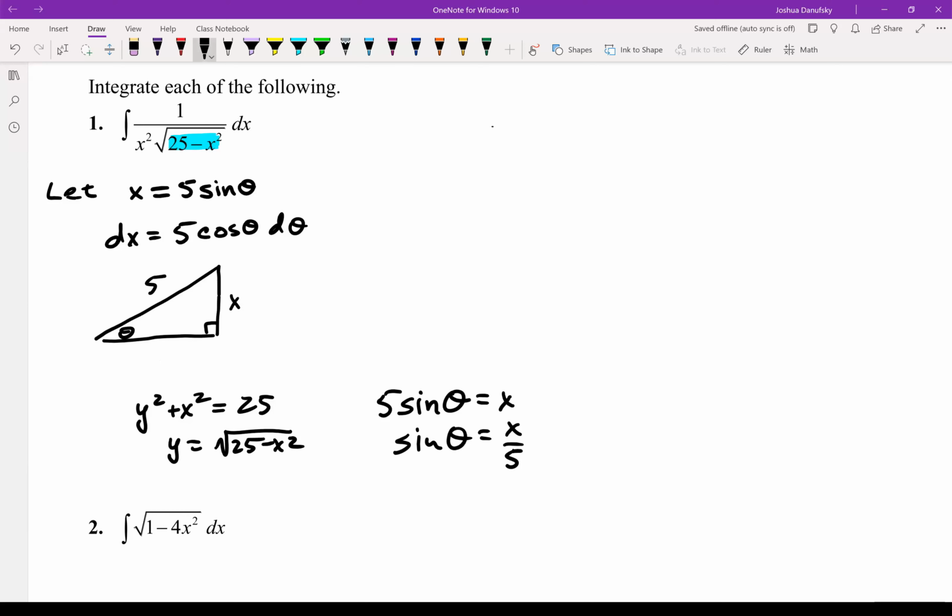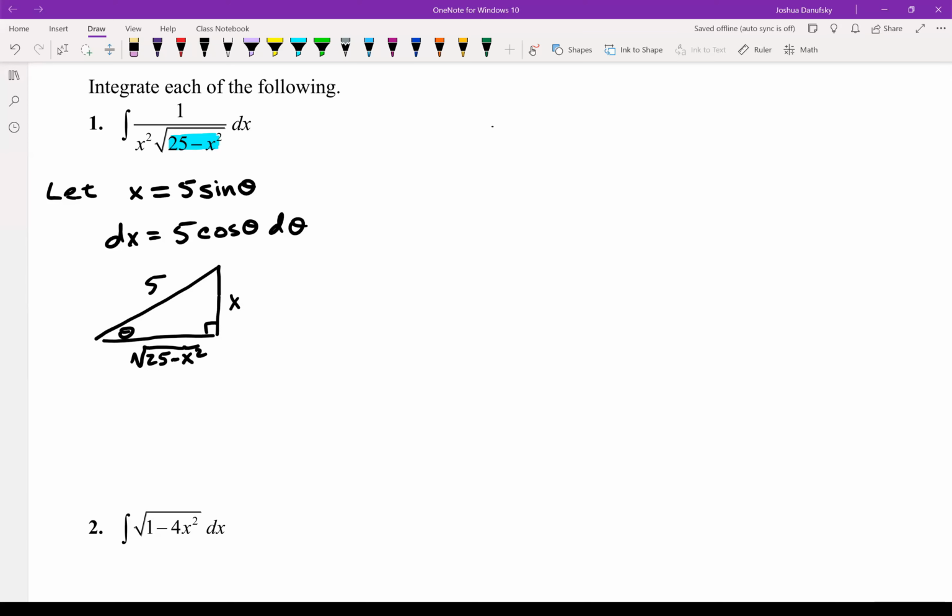And you'll notice this radical expression is in our integrand. So because that's the leg adjacent to theta and we have a hypotenuse of 5, we know that the cosine of theta is equal to this square root over the hypotenuse. In other words, the square root of 25 minus x squared is equal to 5 cosine theta.